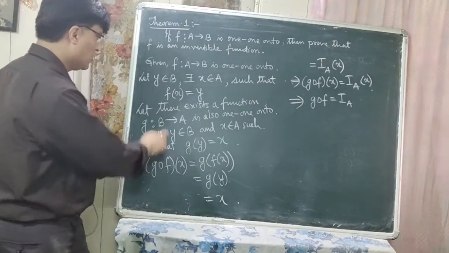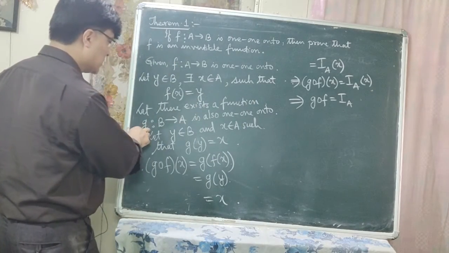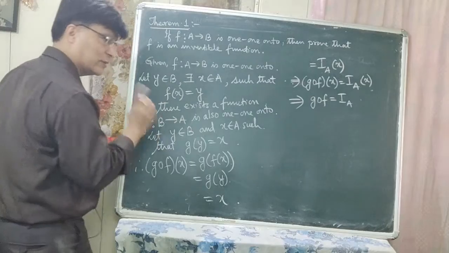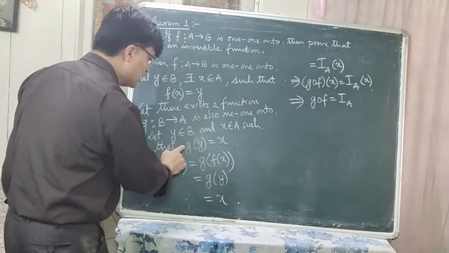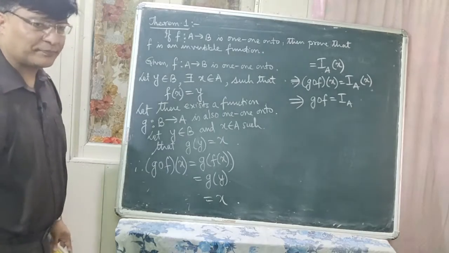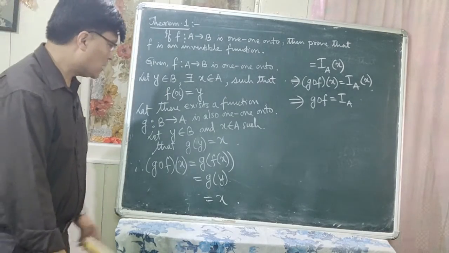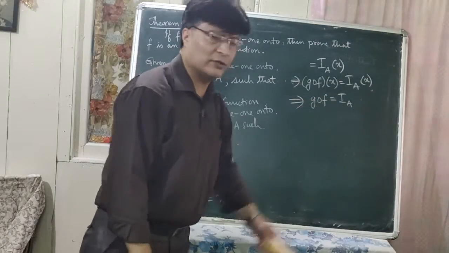Is that clear? That means let y belong to the set B and x belong to the set A such that g of y is equal to x. So from here we found gof is equal to IA.